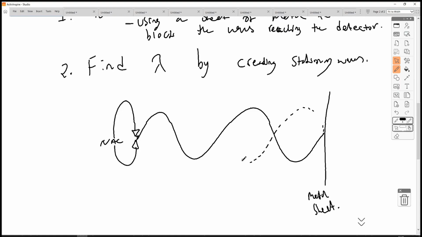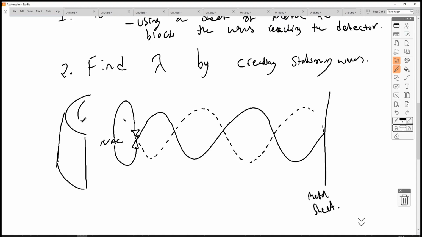That would then create stationary waves. And on the other end of that, he would use a curved reflector to focus waves.